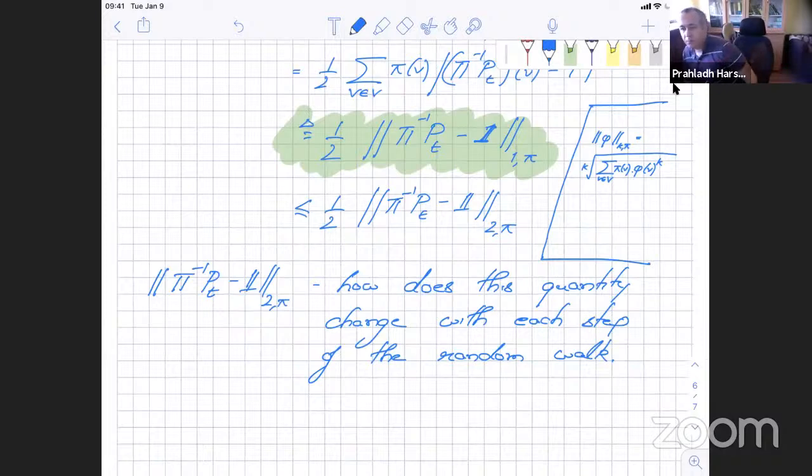Fine. So we'll do the most natural thing. We'll write down p_t in its eigen decomposition and find out what happens to it. What do I mean by that?